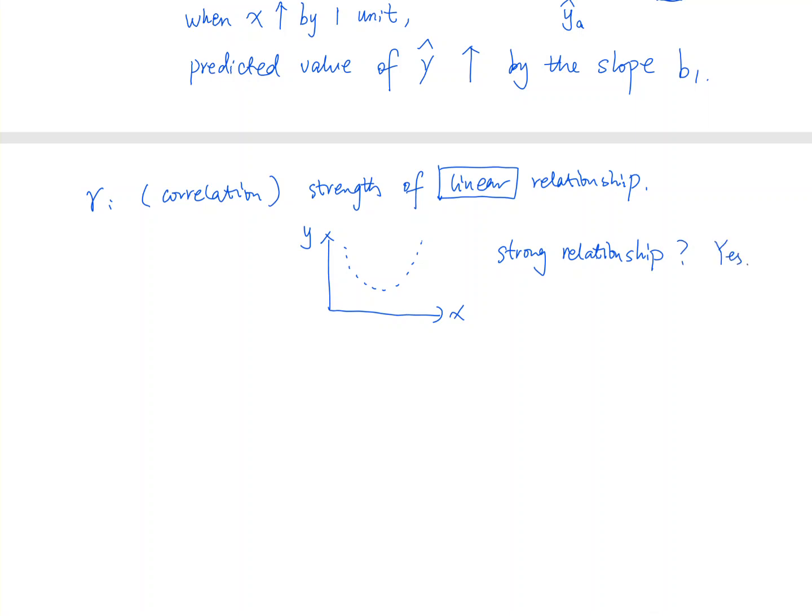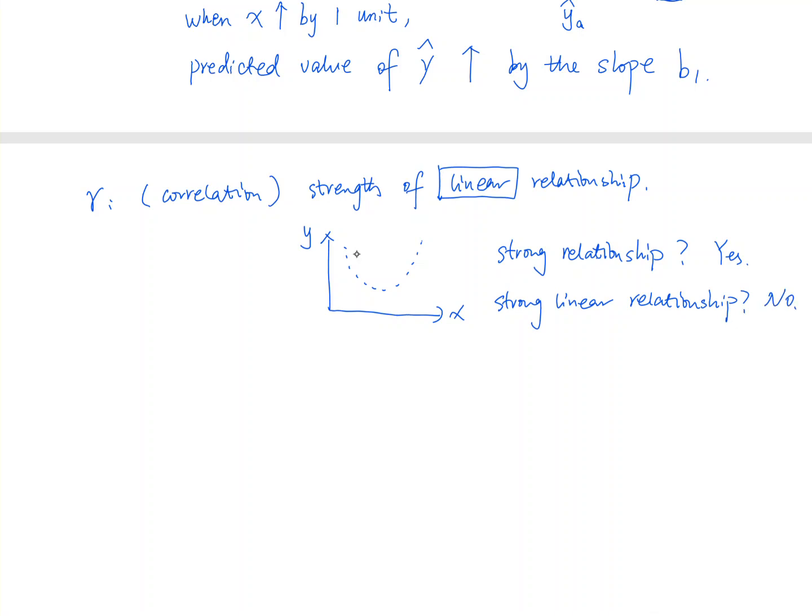Yes, right? Because they follow a very strong pattern. That means there must be some relationship between x and y, right? But is there any strong linear relationship between x and y? The answer will be no.